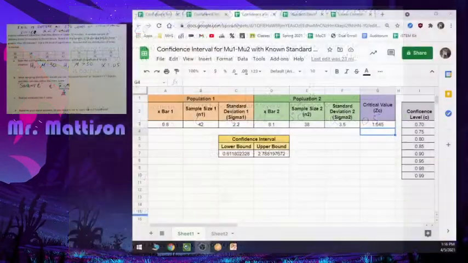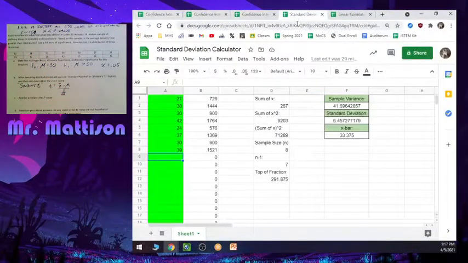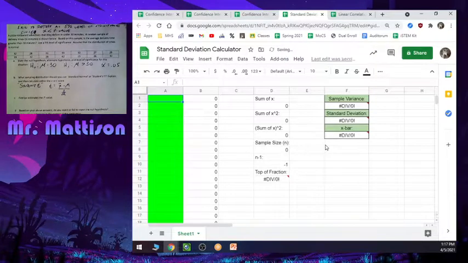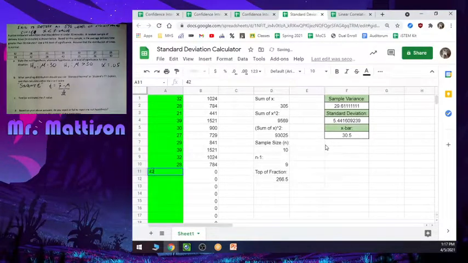to our calculator now. So if we go to our standard deviation calculator, I'm going to want to put all of these things in. All right, so we have 32 minutes, 28 minutes, 21 minutes, 39 minutes, 30 minutes, 27 minutes, 29 minutes, 39 minutes, 32 minutes, 28 minutes, 42 minutes, 35 minutes, 26 minutes, 30 minutes.